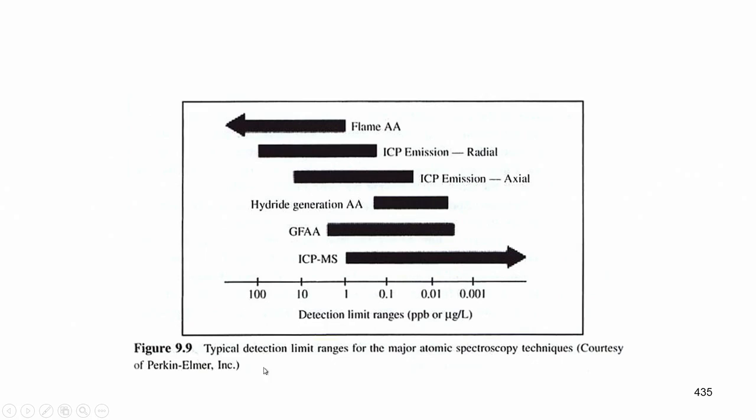That means all the elements that can be determined using flame atomic absorption have detection limits of the order of 1 ppb to 100 ppb. That means the absorbance should correspond to 0.004.